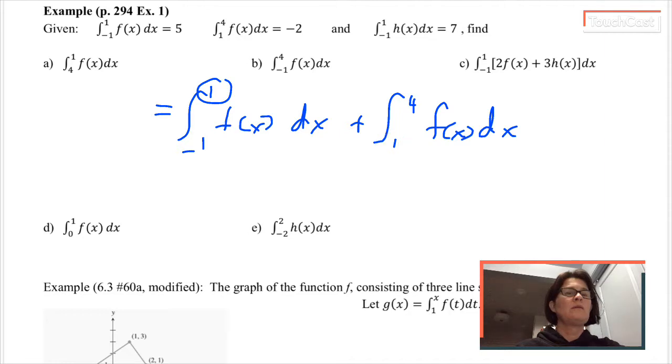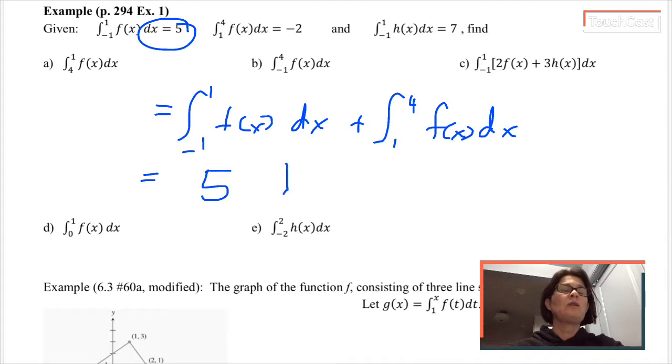So this is equal to the integral from -1 to 1 of f of x, which is 5, plus the integral from 1 to 4, which is -2. So final answer, 3.